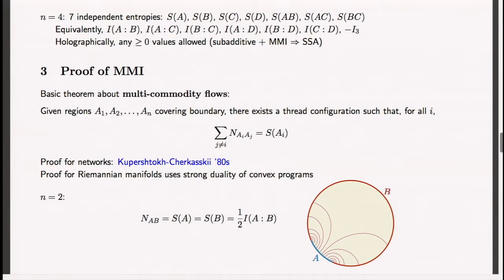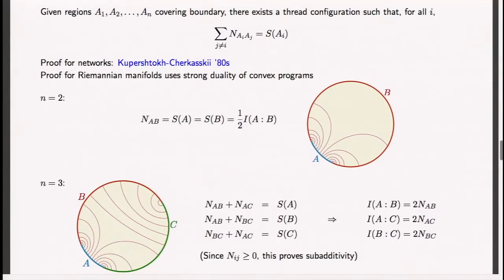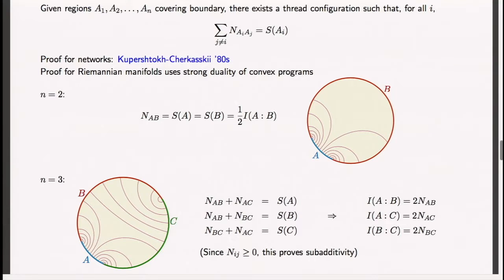This is just the picture I had before, but where I called the complement B. When you have n equals 3, then you have 3 types of threads: the ones connecting A to B, the ones connecting A to C, and the ones connecting B to C. What the theorem states, if I write it out, is that the total number from A to its complement is the number from A to B plus the number from A to C, and that is equal to the maximum total you could ever have connecting A to its complement.